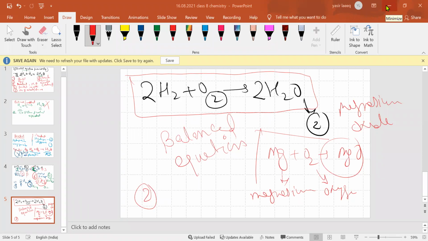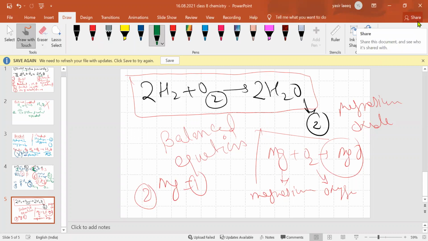So, sir, the equation is Mg plus O2 forms MgO. In the reactants, Mg is 1 and O is 2.